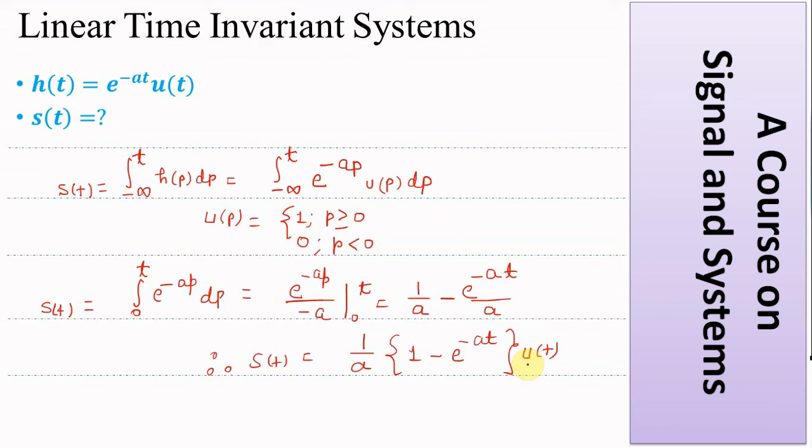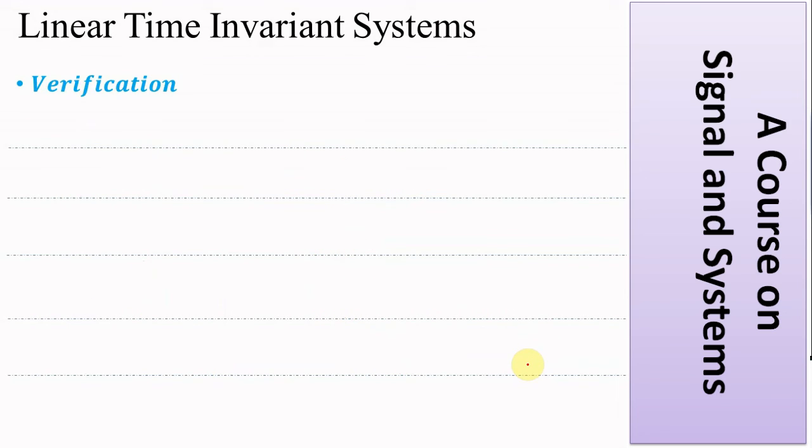Now from the relationship between the two, if I want to calculate h(t) back from s(t), the operation that we need to do is the first order derivative of s(t). We can verify this from this very example.